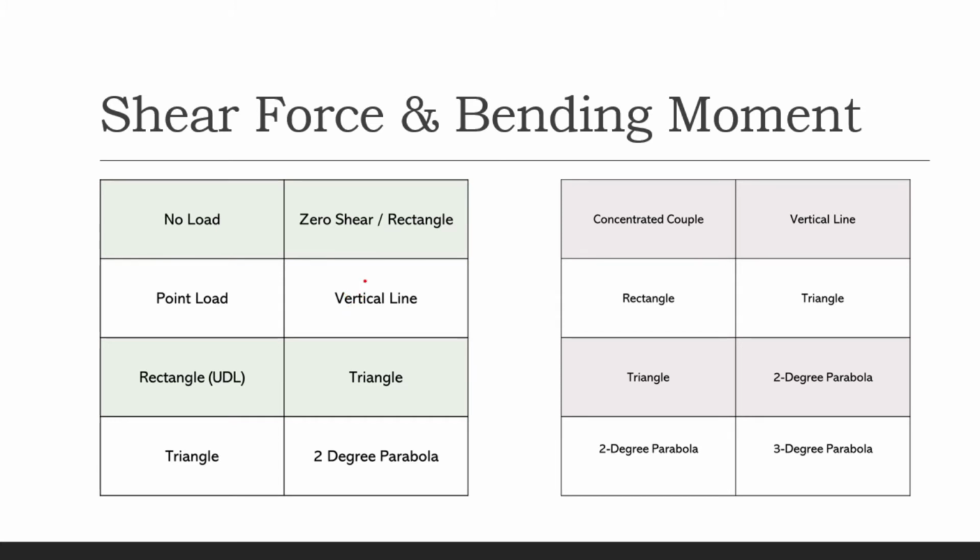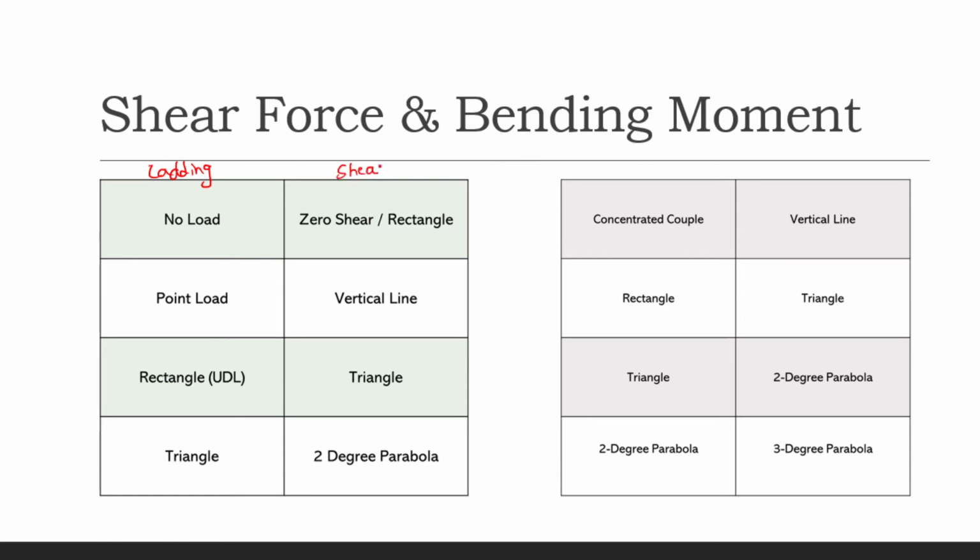Now how do you convert that into drawing these diagrams in a short time? These are some of the relationships that I have listed down together. For example, the first one, let's say this is the loading condition, this is the shear force diagram.